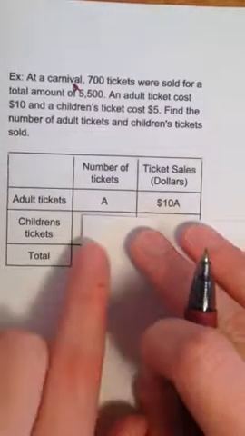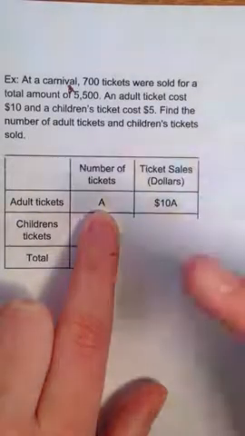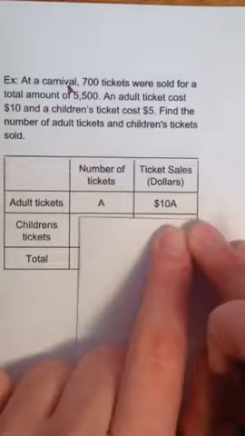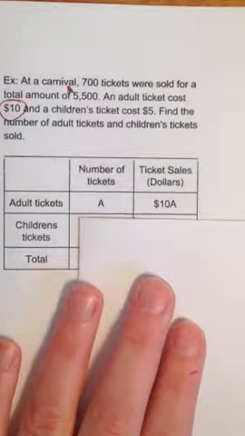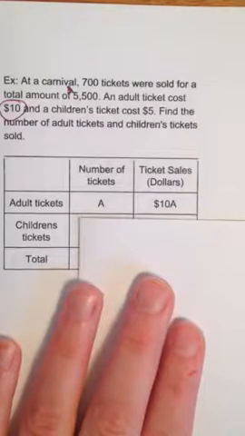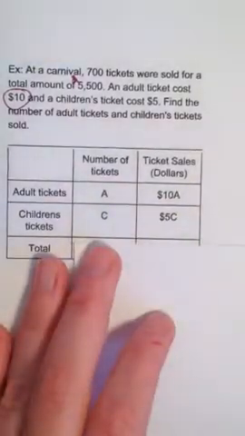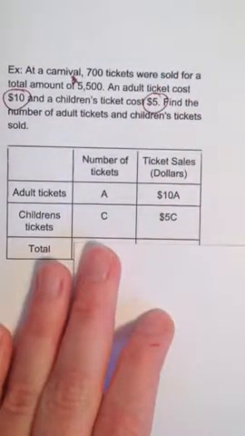So for adult tickets, we'll call them A. That's the number of adult tickets I have. We're going to call that A amount of tickets. And then however much I get from that, I get $10 a ticket, right? For the adults, $10 a ticket. So however many tickets I sell times 10 will give me the total amount that I make for adult tickets. Now the children's tickets, let's call that C. And they told me it costs $5 for a child's ticket.